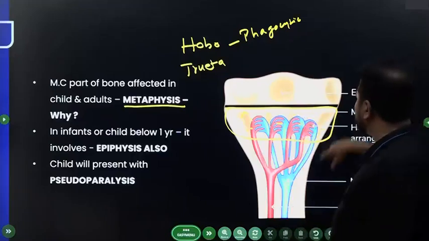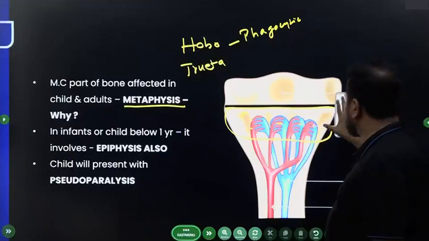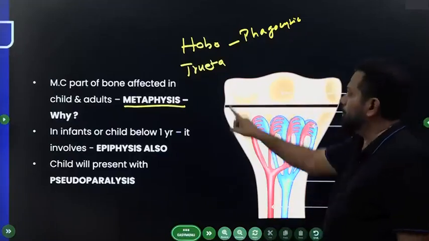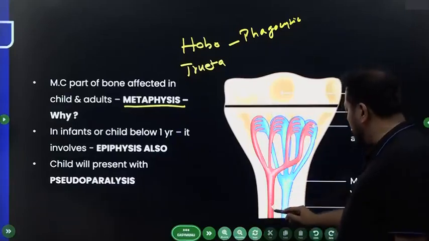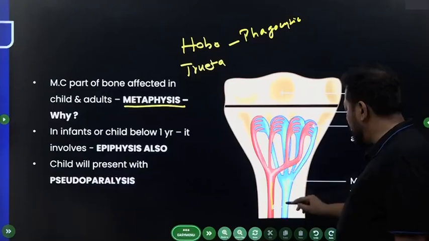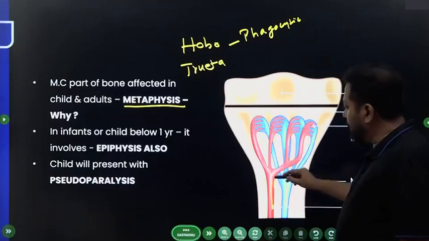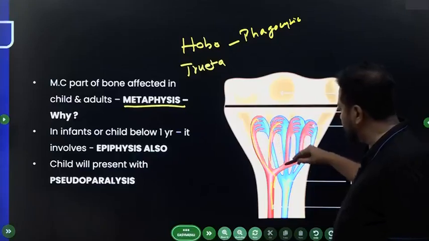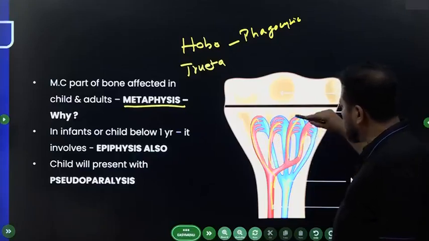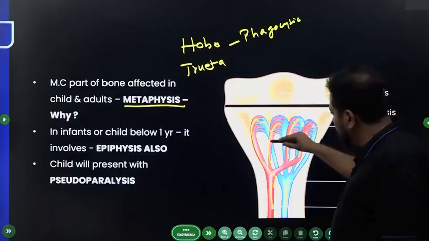The second hypothesis I told you is Trueta's hypothesis. Because see, you are seeing the medullary artery. This is the medullary vein. The medullary artery comes into the metaphysis and bends like this. And again, the medullary vein bends like this.